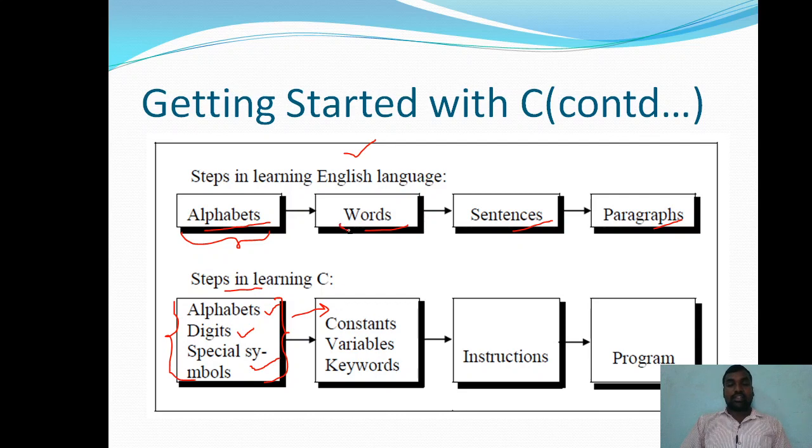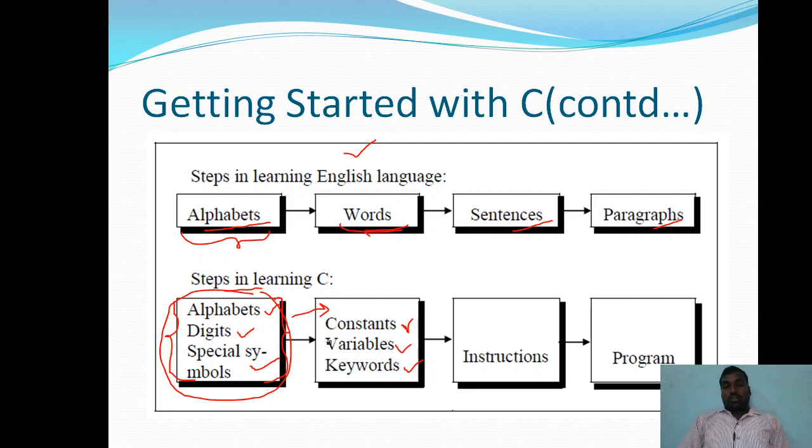In English they are called words; here, after combining these alphabets, digits, and special symbols, we can easily form different kinds of constants, variables, and keywords. So you need to know the definitions of constants, variables, and keywords. Then you can form these things by combining alphabets, digits, and special symbols.